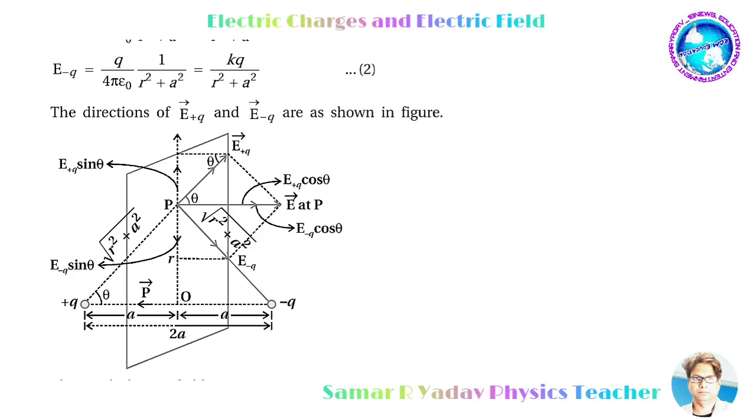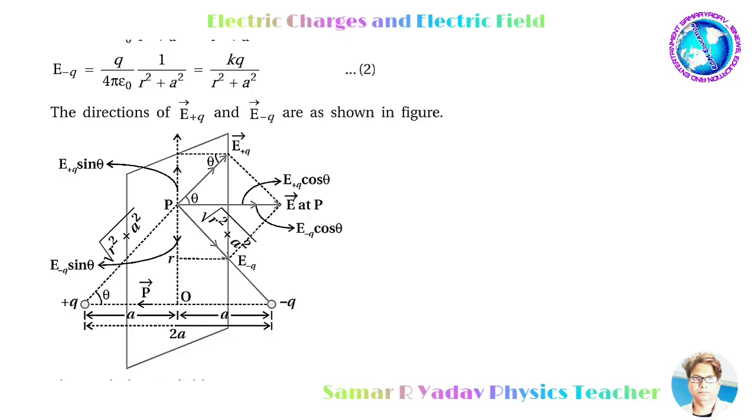E plus q has two components: E plus q cos theta in the horizontal direction and E plus q sin theta in the y direction. Similarly, E minus q cos theta in the horizontal direction and E minus q sin theta towards the midpoint.